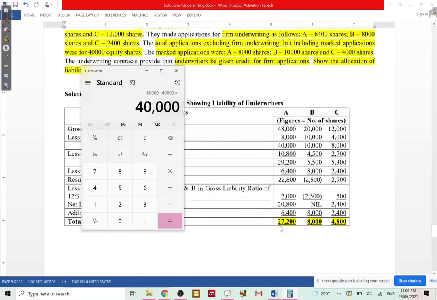Okay. Now let's see if this comes to 40. Their liability, whether it comes to 40. So 27,200 plus 8,000 plus 4,800. Yes, it does come to 40. Okay. So that means the balance 40,000 which remain unsubscribed is now being taken by the underwriters.